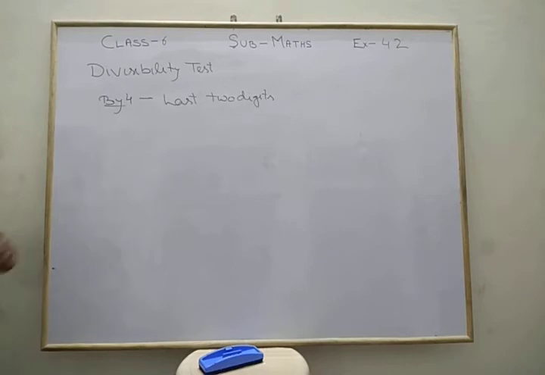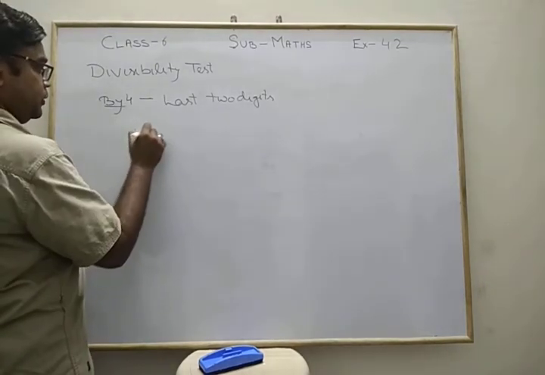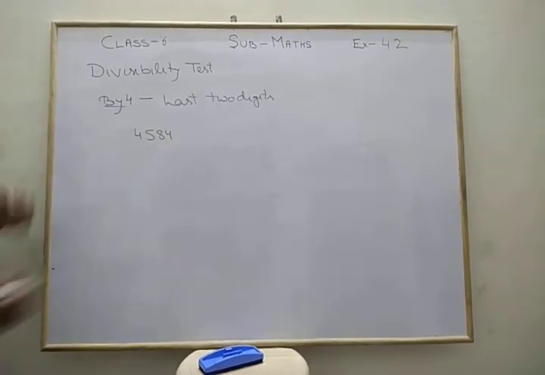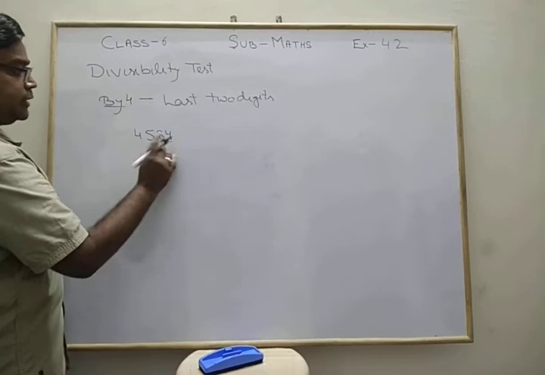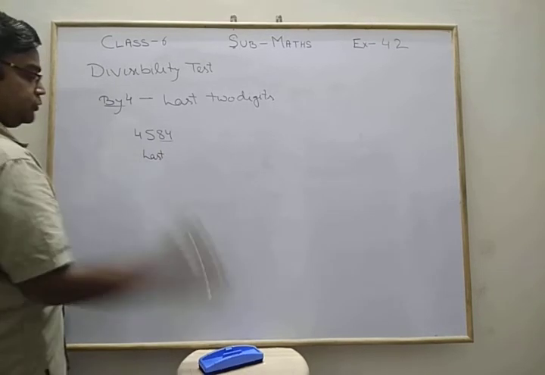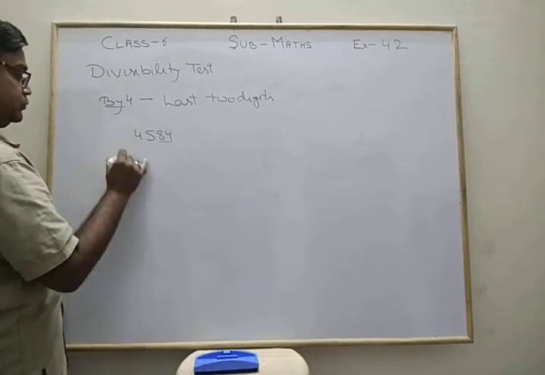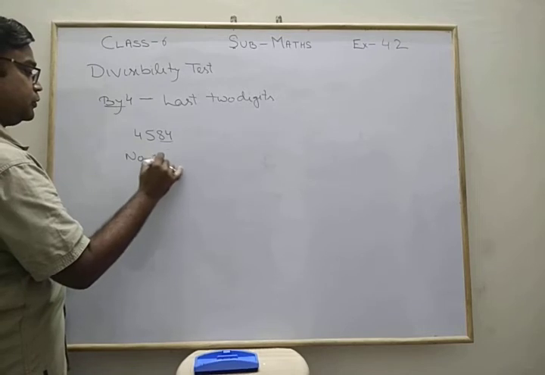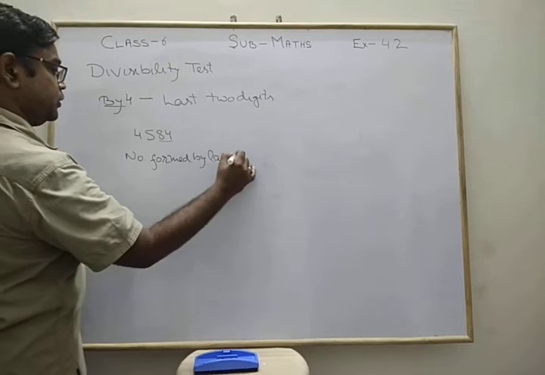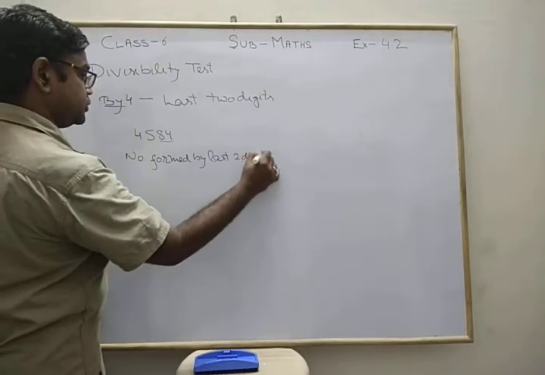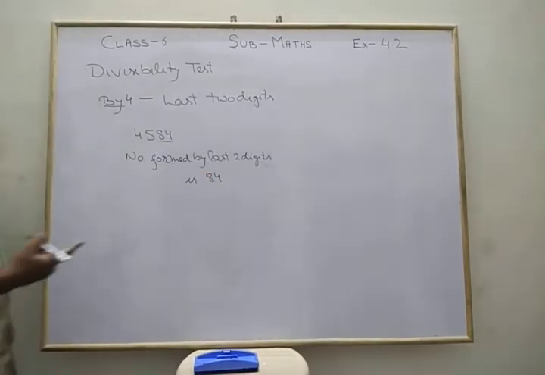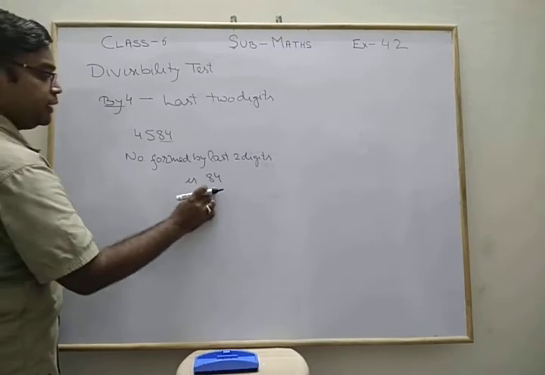For example, I am choosing the number 4584. In this we use the last 2 digits from the right hand side, that is 84. So the number formed by the last 2 digits is 84. Now we check whether 84 is divisible by 4 or not.